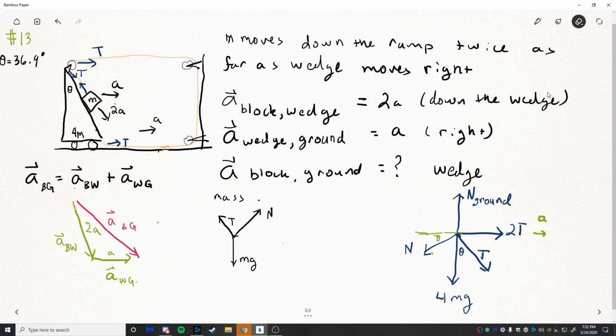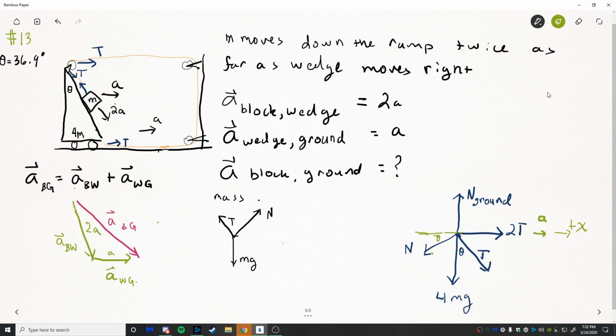So for this picture here, we're going to say this direction is positive x. And if we write down our equations for this, maybe I can erase some of this stuff now and do it up here. So we would write 4ma is equal to the sum of forces in the x direction.